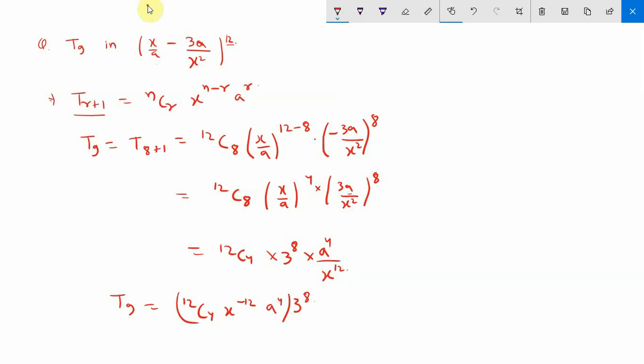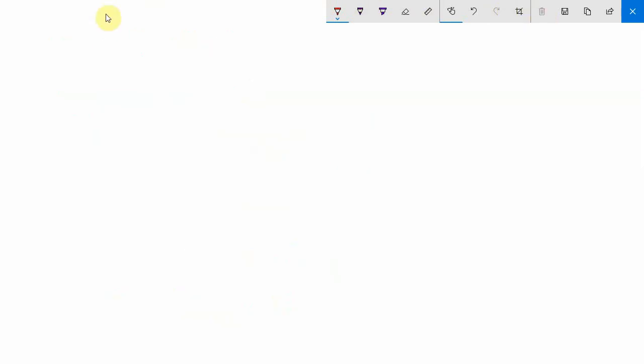Next we will see, let's clean here. Find a if the 17th and 18th terms in the expansion of (2 + a)^50 are equal, that is T17 equals T18.